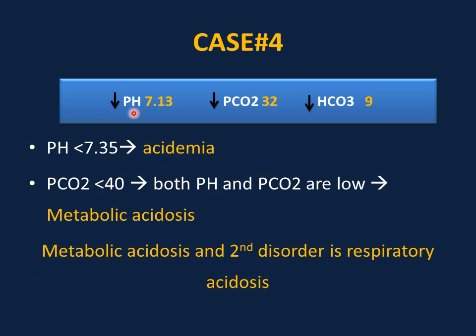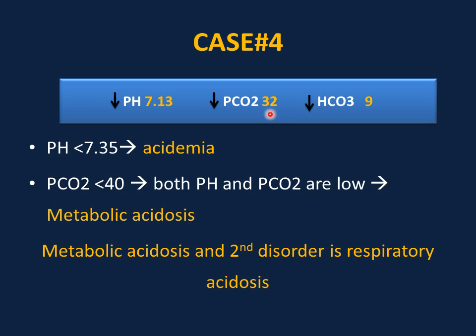So again, in this case, the pH is low and the PCO2 is low. This is a metabolic case, and the bicarb is low. This is metabolic acidosis. And you want to know if the compensation is appropriate or not. You look at the 32 and compare it to the 2 numbers after the decimal. This one is much more than 13, which is more than double. So this is inappropriate respiratory alkalosis.